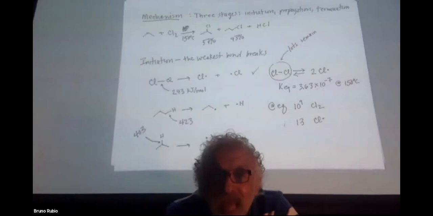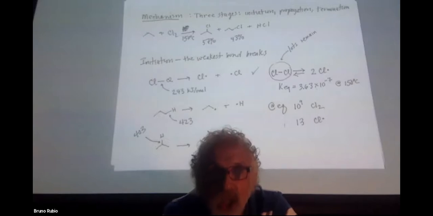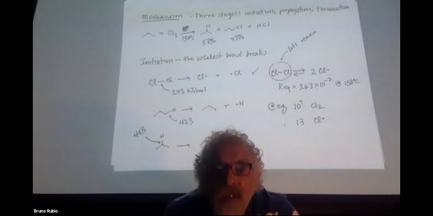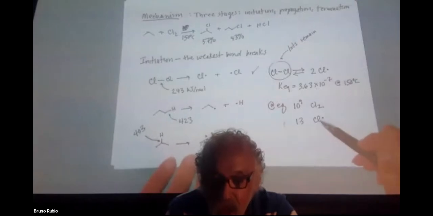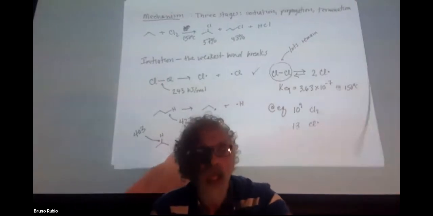So there's billions of times more Cl2 left in the initiation step than there are Cl radicals. Initiation happens to very few of the Cl2 molecules: 13 out of 1 billion. So that's what happens in initiation. The weakest bond breaks, but please remember that it happens in very few chlorine molecules. There's lots of Cl2 left.